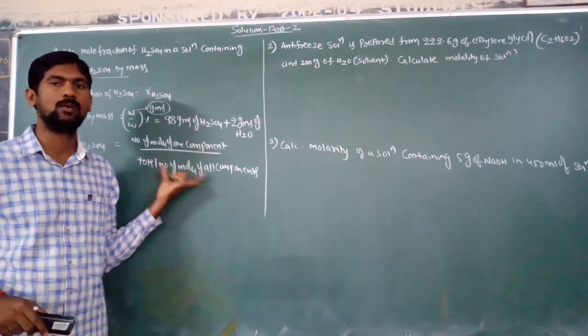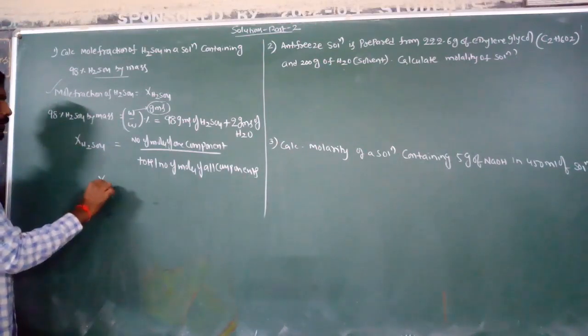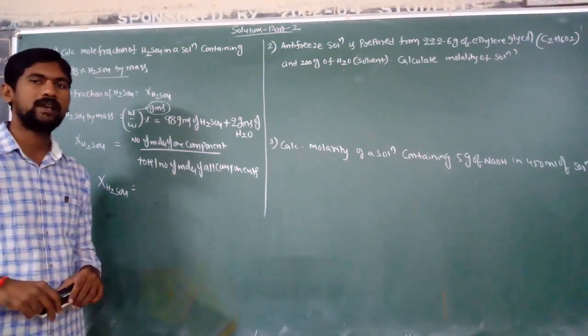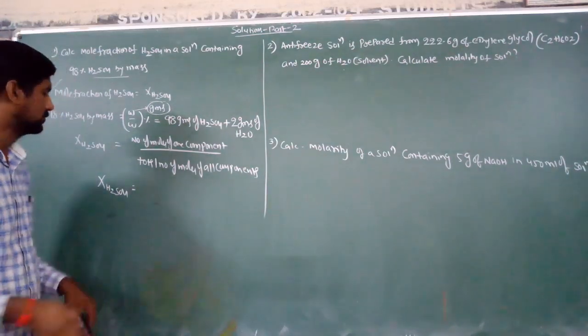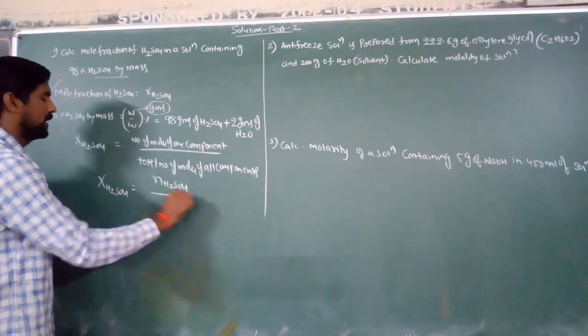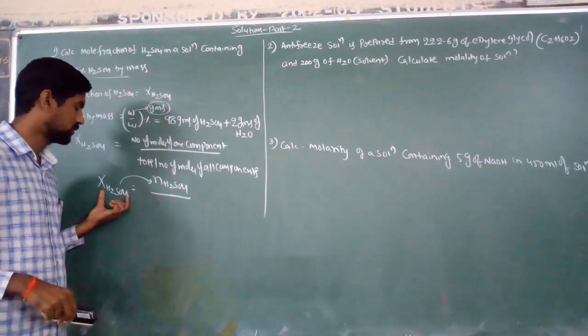That is the formula of mole fraction. So here in the problem we have to find out the mole fraction of sulfuric acid. It means the number of moles of sulfuric acid by the total number of moles.